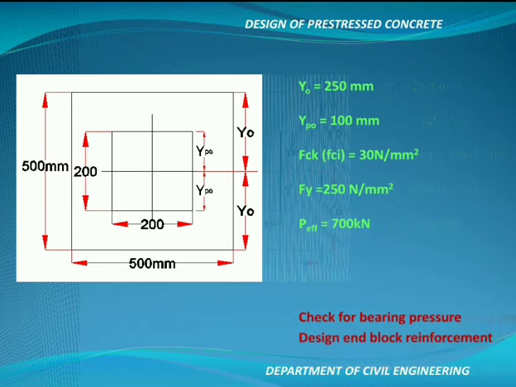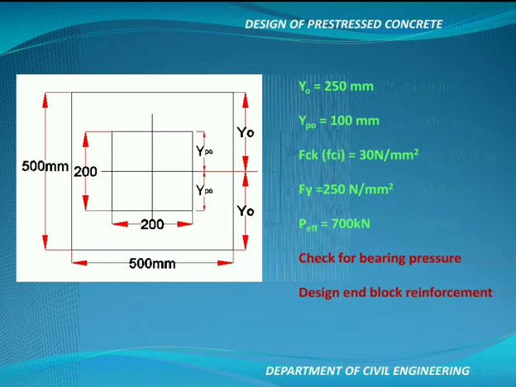So we have to first check for bearing pressure, then design the end block or anchor zone reinforcement. If you make any mistakes in taking these values, the entire example will go wrong. Again I am repeating, as this is a square section, the things are straightforward. But in the further examples when we go for a rectangular section, I will explain how to take these values correctly.